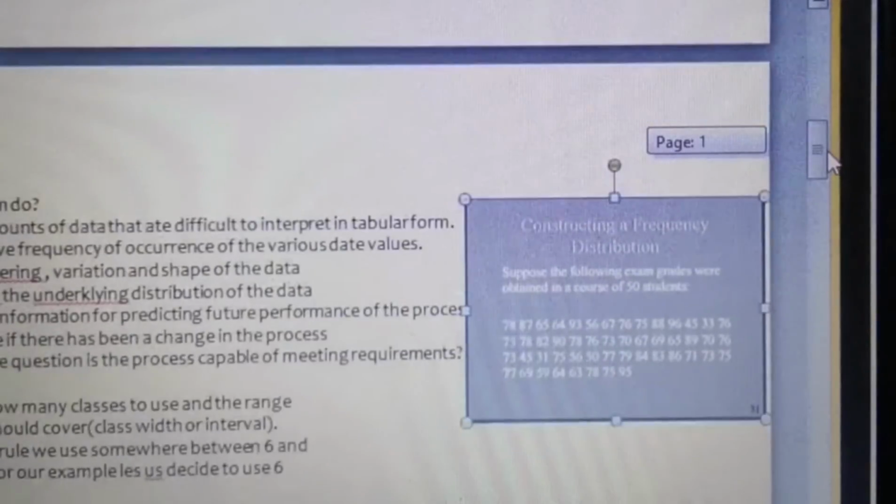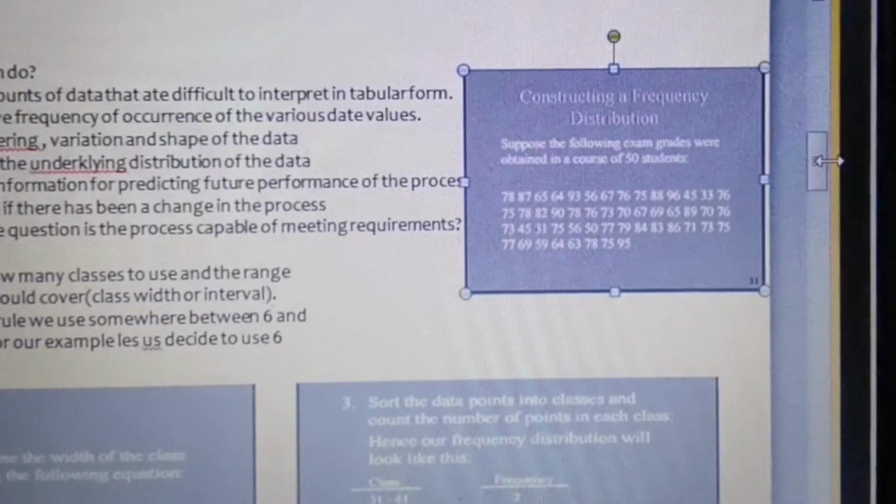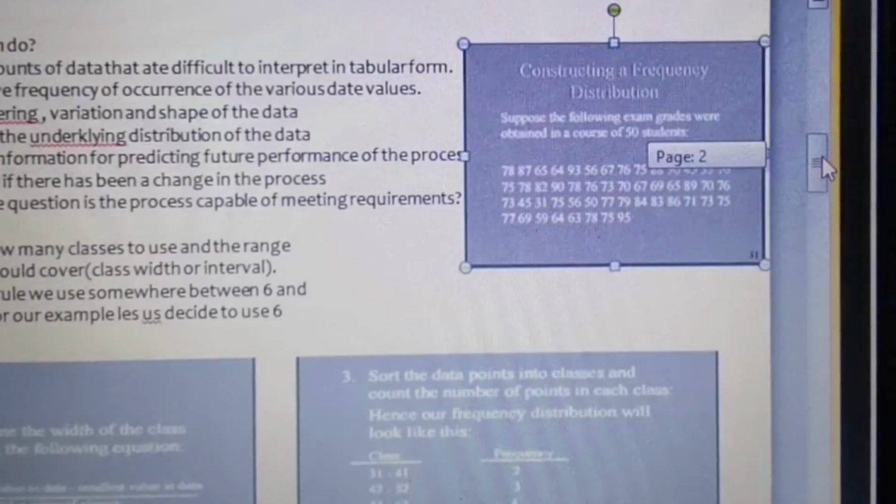So in number 1, decide how many classes to use and what range each class should cover. This is the class interval. In statistics, this is the measurement on how to determine or decide how many classes or how many intervals.